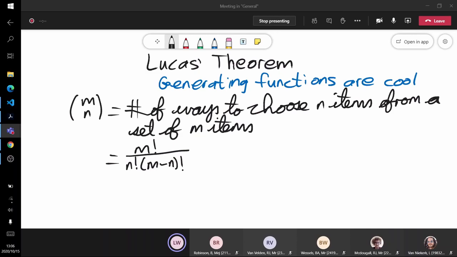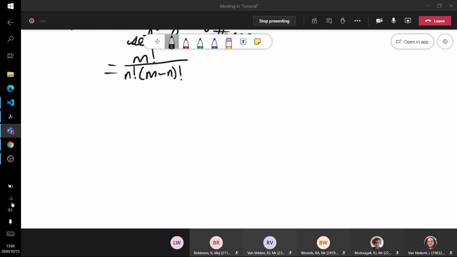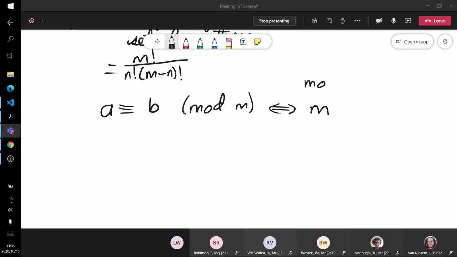And a brief reminder on what modular arithmetic is. The notation would usually be for integers. We would say that one integer a is congruent to another integer b modulo the third integer m, which is the same as saying that m, called the modulus, divides the difference between a and b.